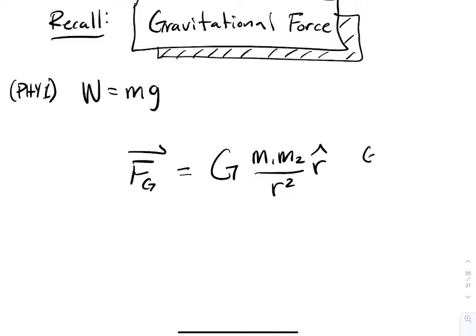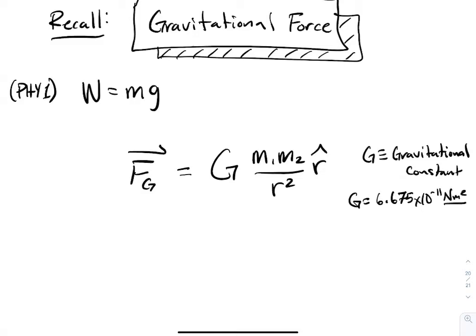We could note that G is a fundamental constant of the universe. It's called the gravitational constant, and G is equal to 6.675 times 10 to the negative 11 Newton meter squared per kilogram squared.